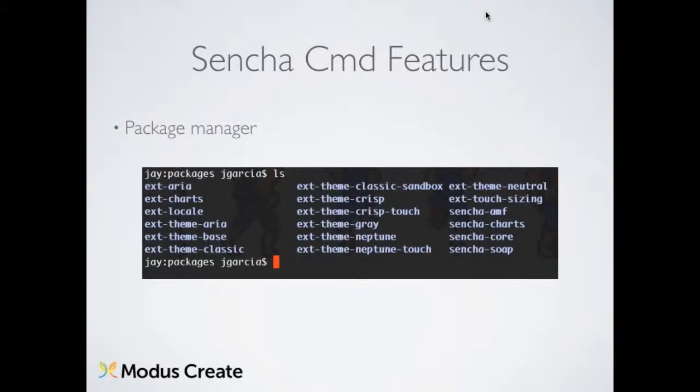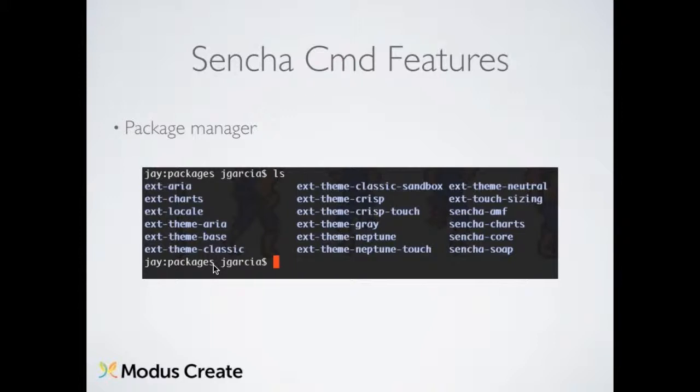So the package manager, I won't dive in too much, but I will say that you can download packages after registering perhaps repositories like Git repos and so on. In Ext JS 5, one of the interesting things is they went ahead and broke up certain pieces of the framework into packages to help reduce the burden on the build. So for example, the ARIA portion or charts or locale are all broken up into various packages, and you may want to include them if you need them.